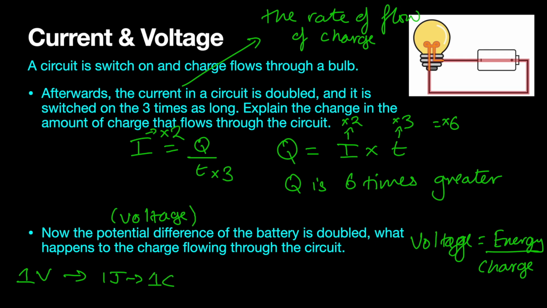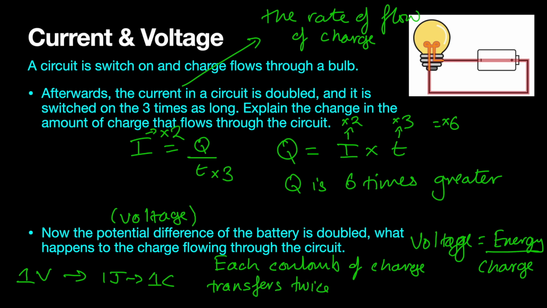So in this case, as the potential difference is doubled, now each coulomb of charge transfers twice as much energy. And that's it.